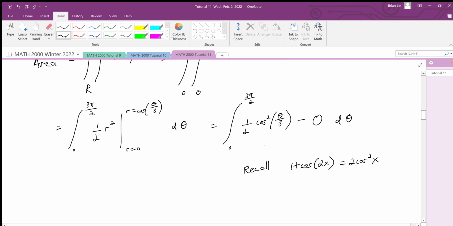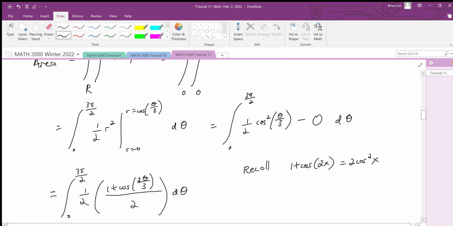So in the context of x equals theta over 3, what we now have is 1/2 times 1 plus cosine 2 theta over 3, over 2, d theta.